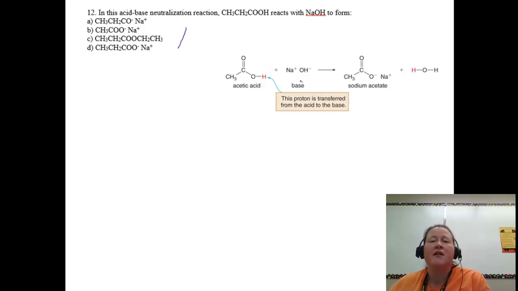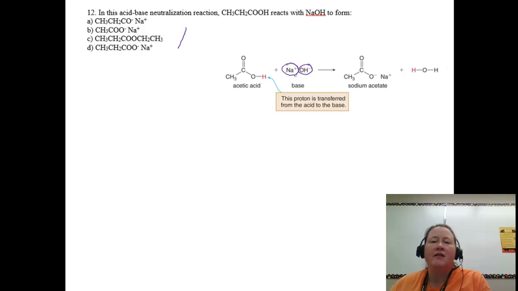And it's going to react with sodium hydroxide. Now sodium is an ion and hydroxide is an ion. And in this reaction, what happens is the hydrogen ion, the proton, is donated to the OH part of the sodium hydroxide, and we produce water.